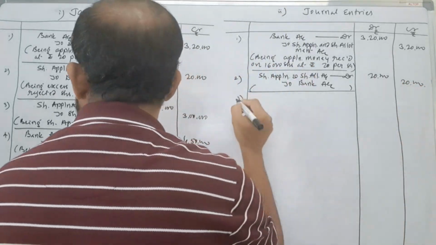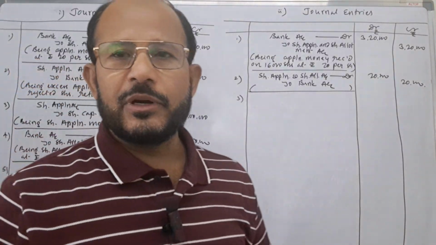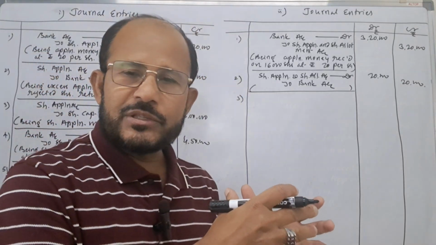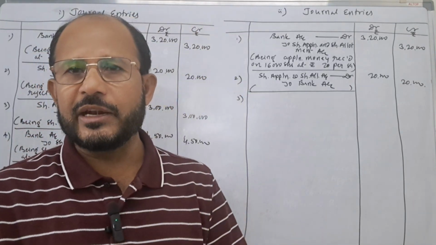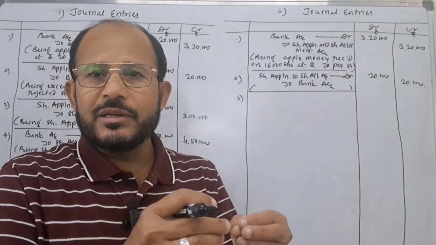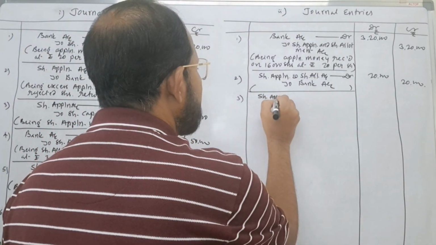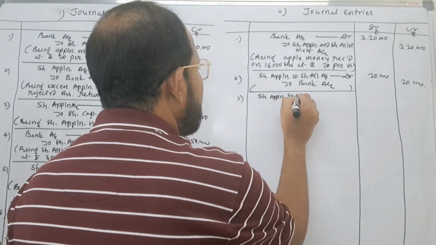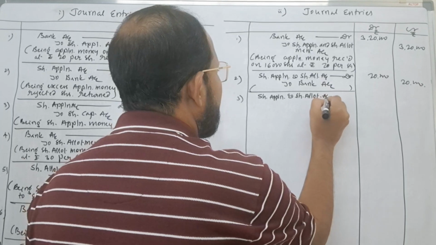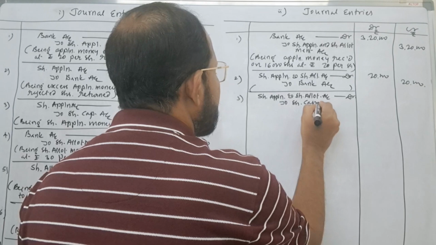Come to the third one. When the application money is transferred to share capital account, what journal entry is passed? Share application account is debited and share capital account is credited. But here we are going to take the name as share application and allotment. Share application and share allotment account is debited to share capital account.